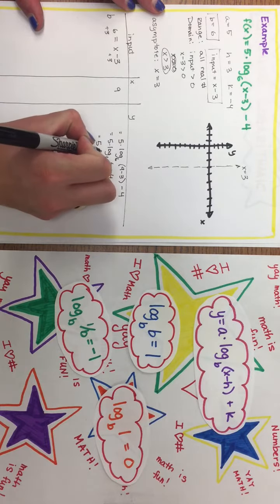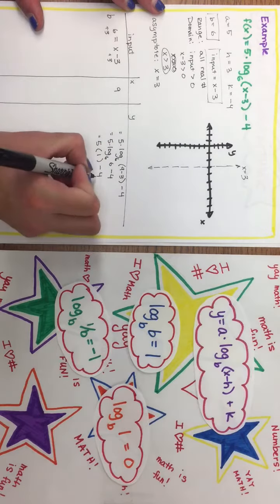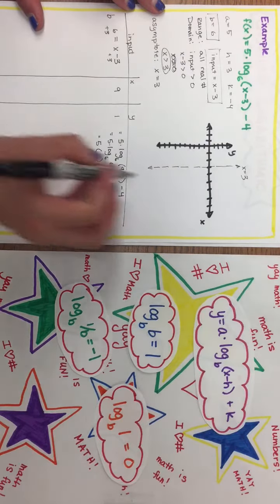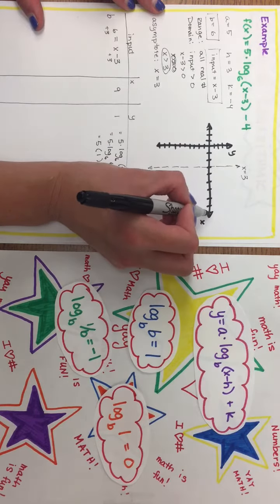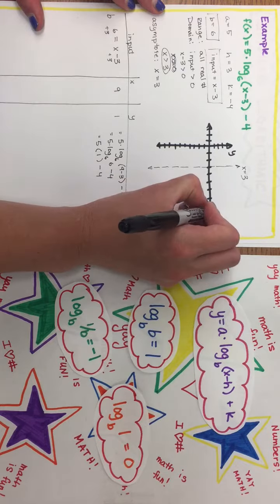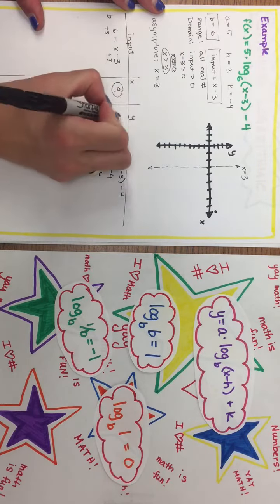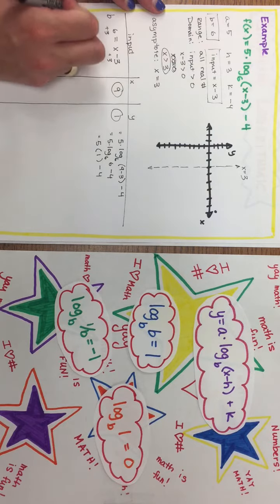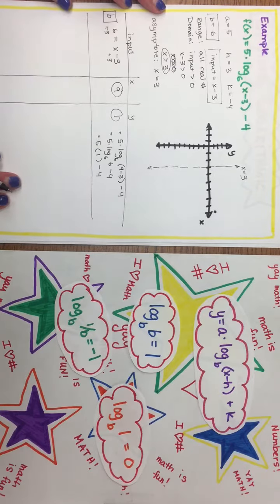So this is just 5 times 1 minus 4, or 5 minus 4 is 1. So I have the point 9, 1. That's the point 9, 1 on my graph. So this was my key input number 1, b.